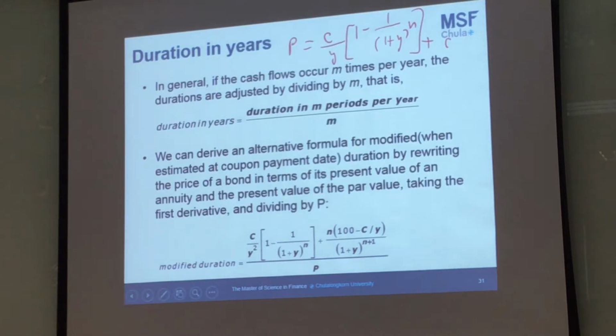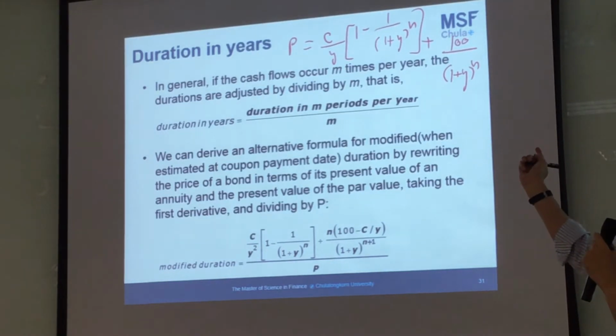In this case, they just assume 100 equals the face value. Okay. This is the price of the bond, right?